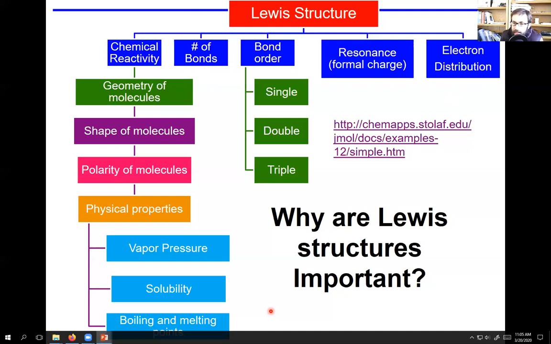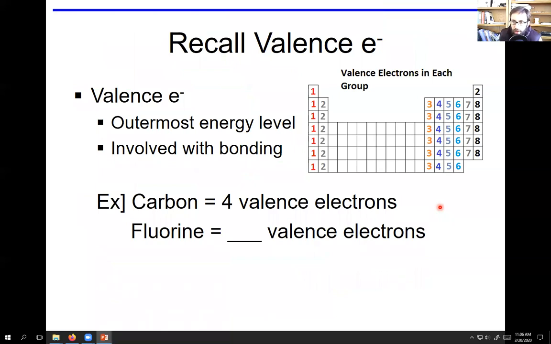To me, that's a fascinating and extremely powerful thing about chemistry: with very basic principles, you can really make a lot of powerful predictions about the natural world. And this is why we're studying this Lewis structure topic and why it's so important.